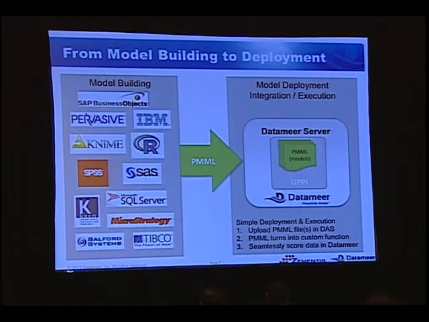And then in Datameer, it basically becomes a simple deployment execution. You upload the files, it basically turns each PMML model, each predictive model, into a custom function, and you seamlessly apply that function to any data that you have already sitting in Hadoop. It's really powerful and very simple, and that's really what we're going for. Simplicity, making predictive analytics transition very fast into your operational environment, wherever that may be.